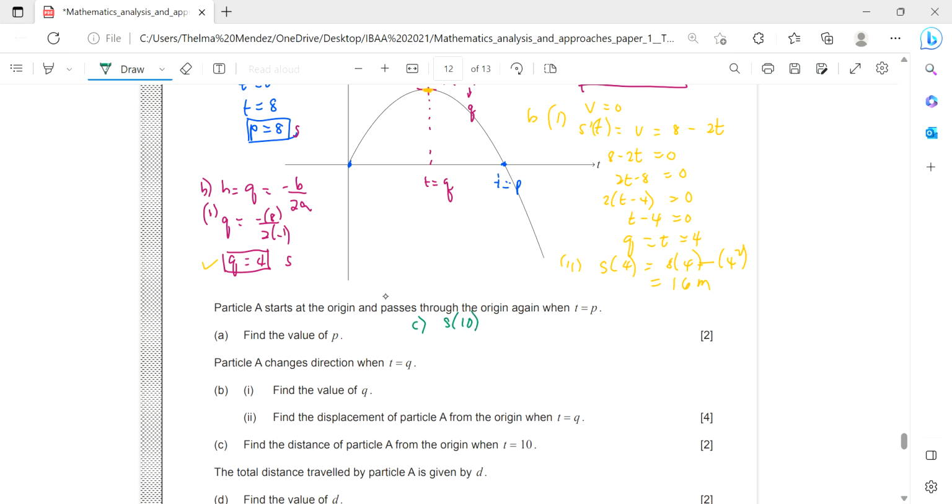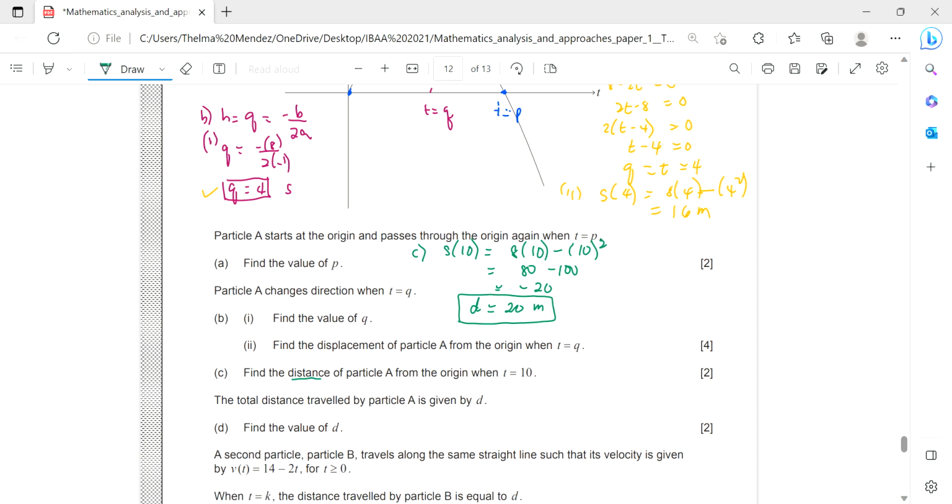So s of 10 equals 8 times 10 minus 10 squared. So this is equal to 80 minus 100 equals negative 20. But we're looking for the distance. Distance is positive, so our d equals 20 meters.